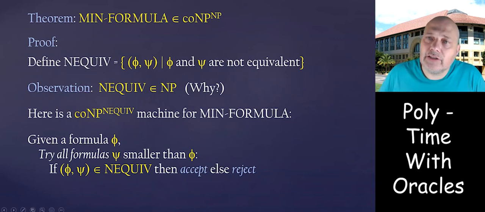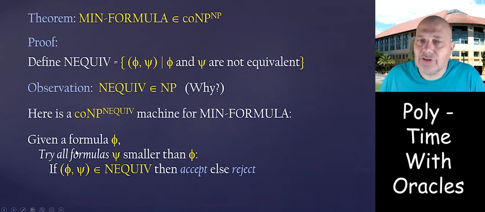Note that this for-all formula is a coNP algorithm, and this coNP algorithm needs to ask these questions: is (phi, psi) in NON-EQUIVALENT? So it is a coNP procedure that asks oracle questions to NON-EQUIVALENT, which is in NP.